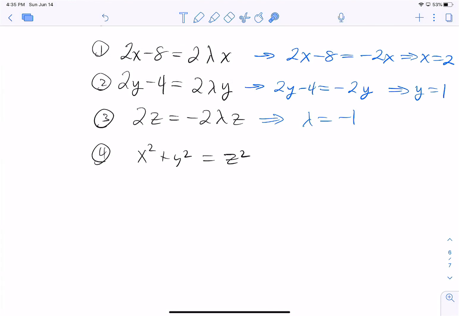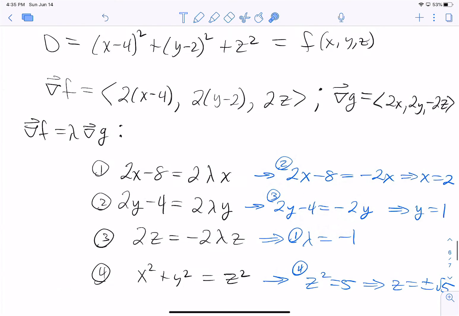If x is 2 and y is 1, then z squared is equal to 5, or z is equal to plus or minus the square root of 5. So this time we did this in the order of finding lambda, then finding x, finding y, and using the constraint equation to then find z.